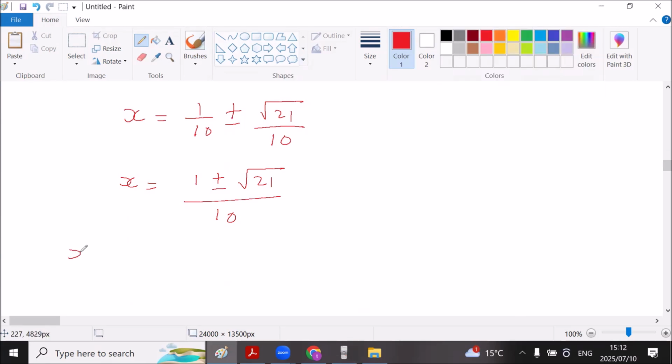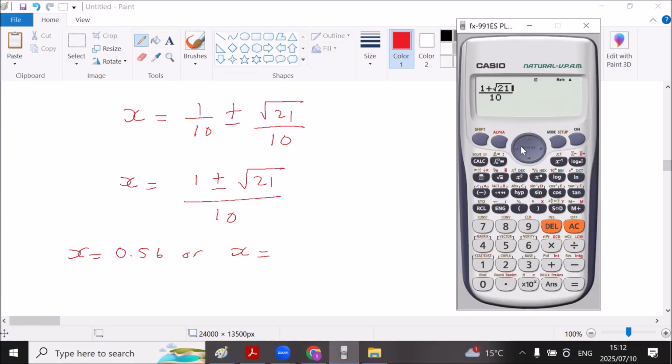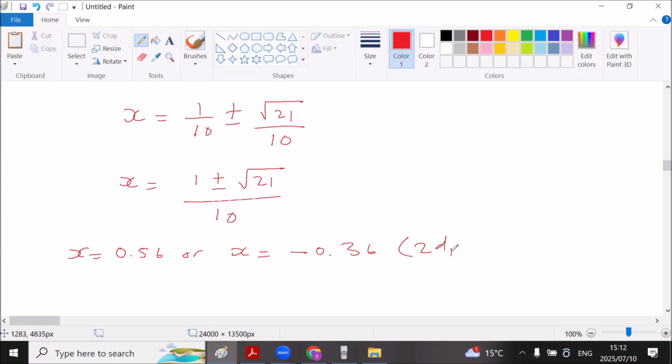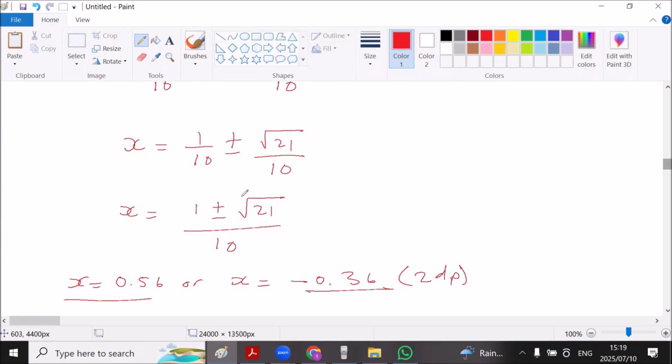So we can say x is equal to 0.56, or x is equal to, we replace the plus with a minus, then we have minus 0.36 to 2 decimal places. So those are the solutions to this equation.